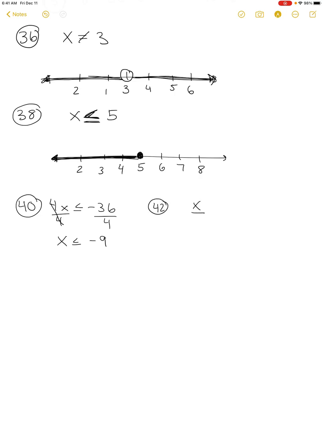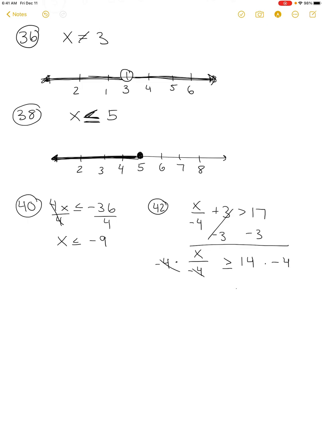Number 42. X divided by negative 4 plus 3 is greater than 17. SADMEP would tell me to subtract 3 from both sides first. All right, my last step, I'm going to be multiplying by a negative number. Bells and whistles should be going off in your head.